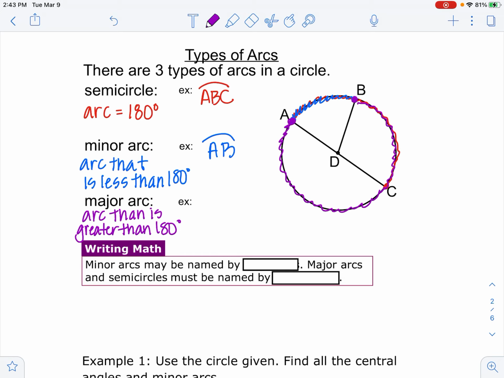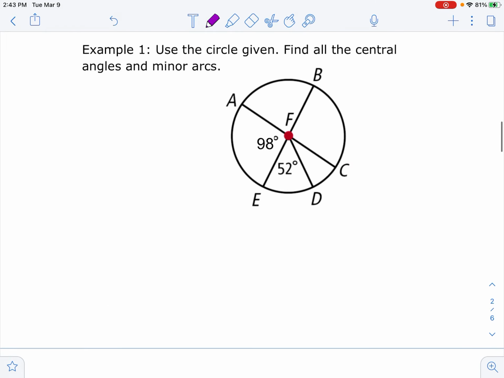So I'll go from A through C all the way to B. So ACB is a major arc. Notice minor arcs may be named by 2 points with a curve over the top, okay? That's a minor arc right here. But major arcs and semicircles must be named using 3 points, okay? So the 2 endpoints, and then a point in between those two endpoints.